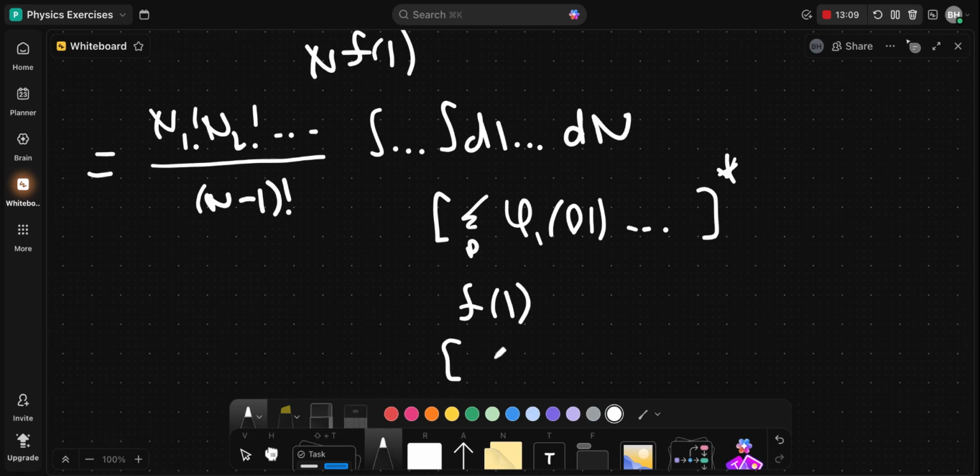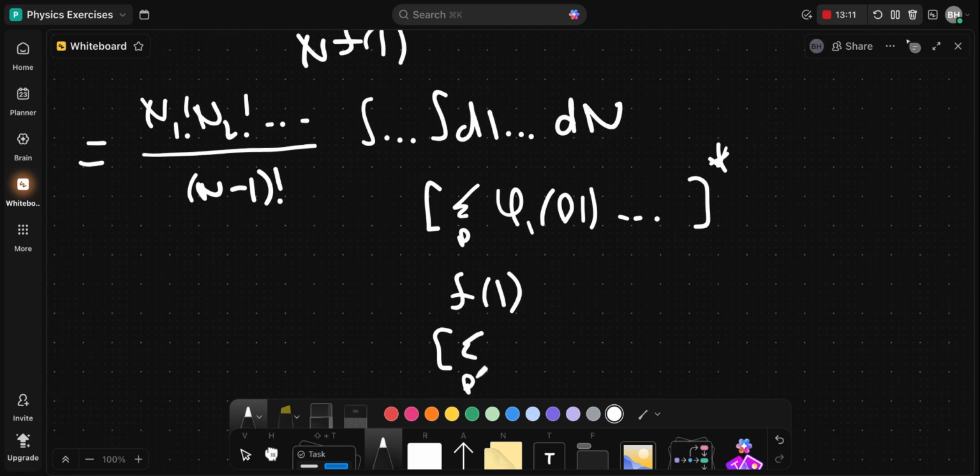And on the bottom, I have the sum over p prime of phi 1 p prime 1, etc. So I used the symmetry to reduce the expression that I have to evaluate.